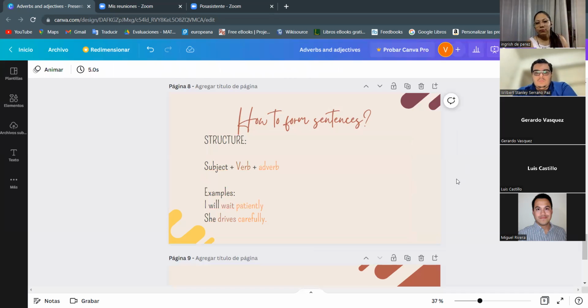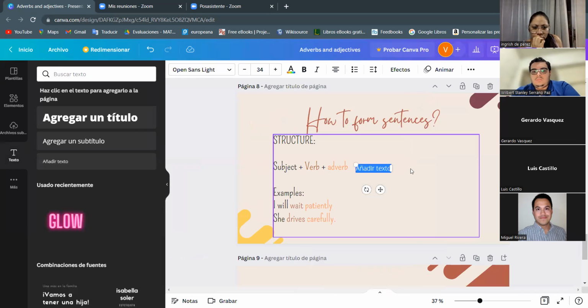Wilber, if the adjective is easy, how do you make it an adverb? You replace the Y for an I and you add ly to the end. Good. Can you spell it then, please?